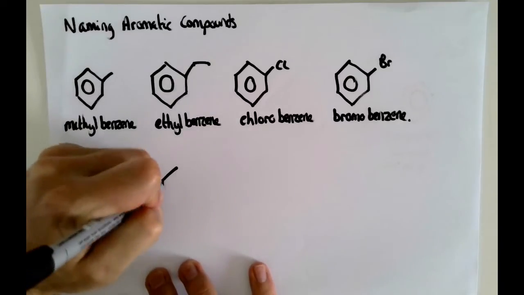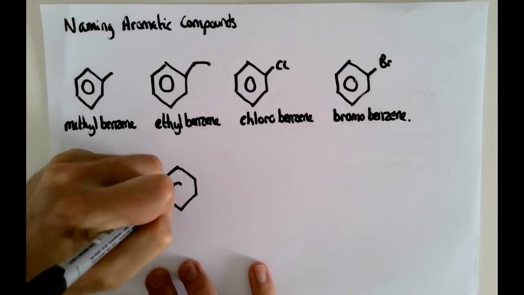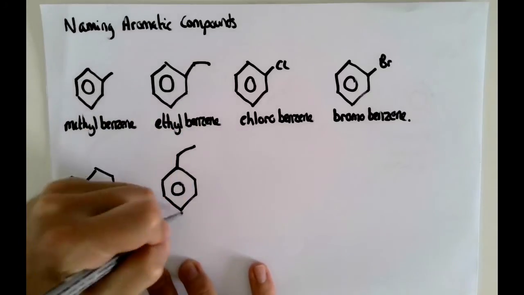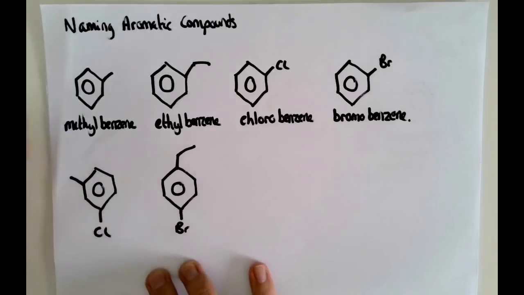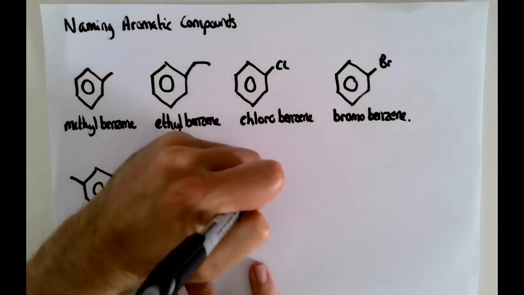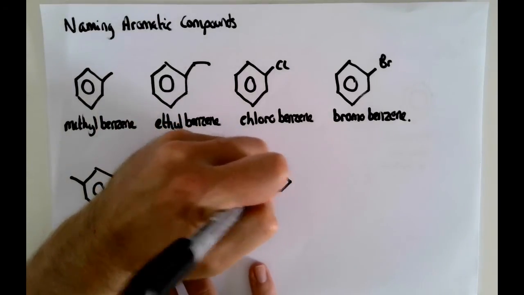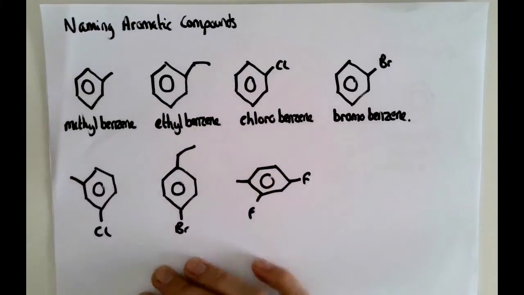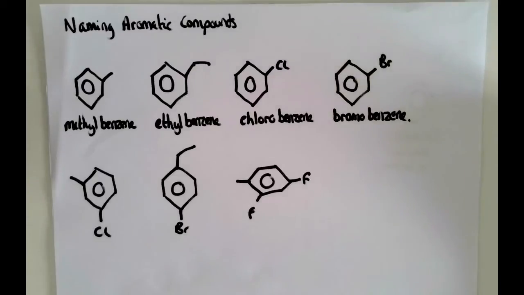Maybe something like this. How would we name this thing? Let's put it there. And maybe something like this. This is going to have 3 coming off it. How would we name something like that?